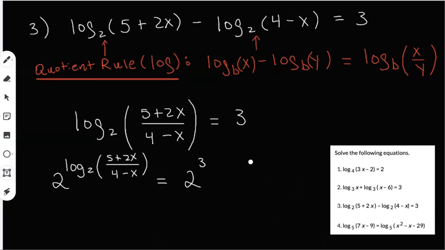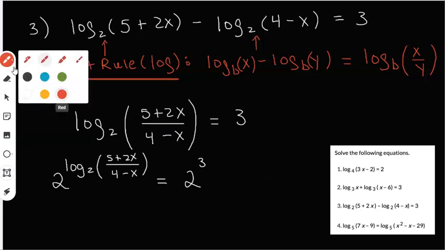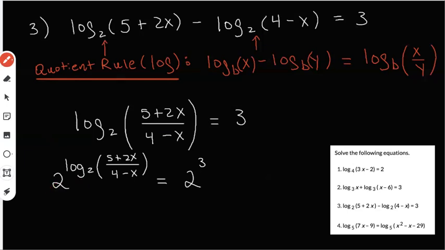So now on the left side, the 2's are going to cancel out because they're both bases, right? The 2 is the base for the exponential expression, and 2 is the base for the logarithmic expression. Therefore, they cancel each other out, and whatever's on the inside of the parentheses is going to come down.